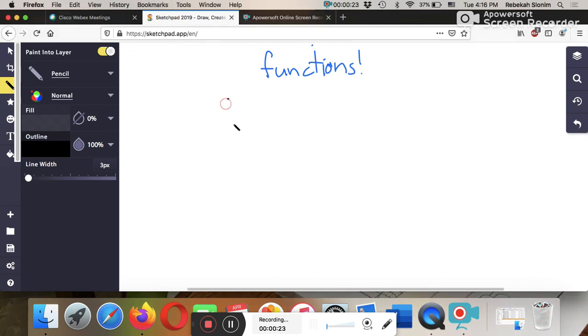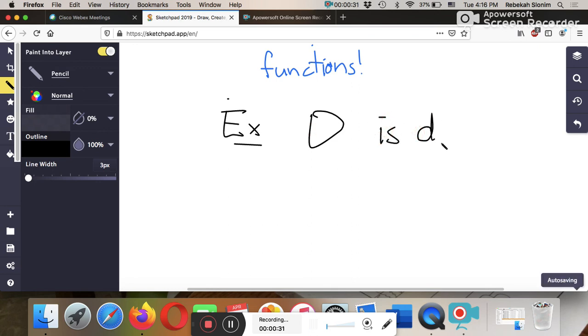So, for example, maybe we'll have the operator D for differentiation. So you take in a function, you do this thing to it, and that's going to output a different function. Differentiation.